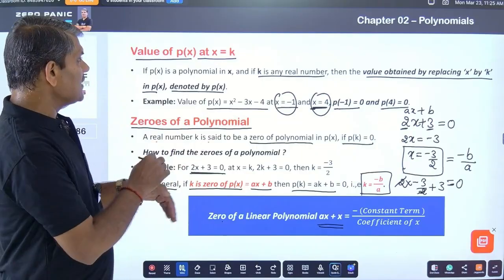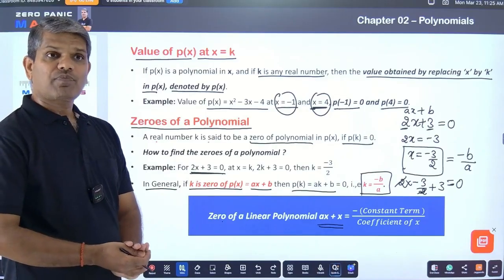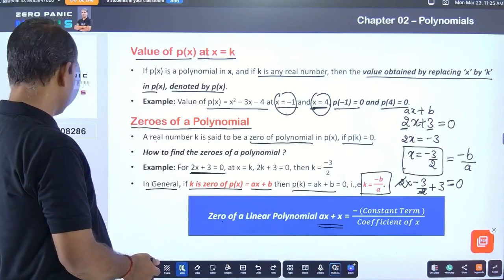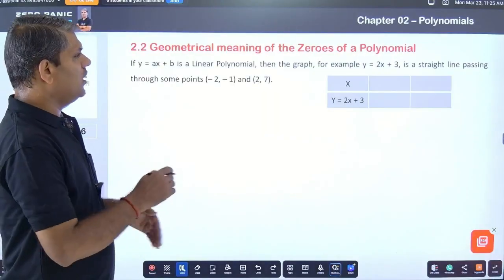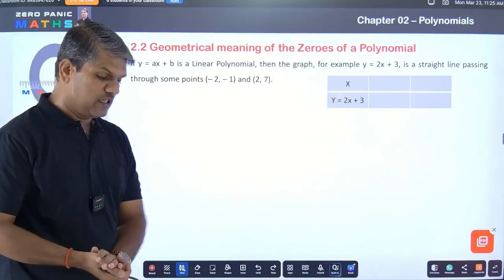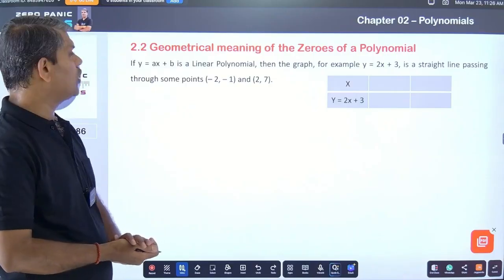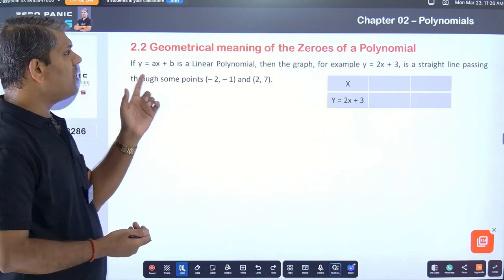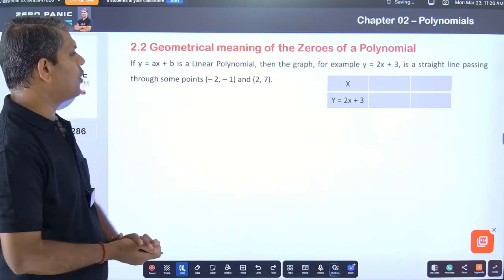Let us verify the same for a quadratic polynomial. But before we go for the zero of a quadratic polynomial, let us just test the geometrical meaning of a zero of a polynomial. It is for a linear polynomial only.